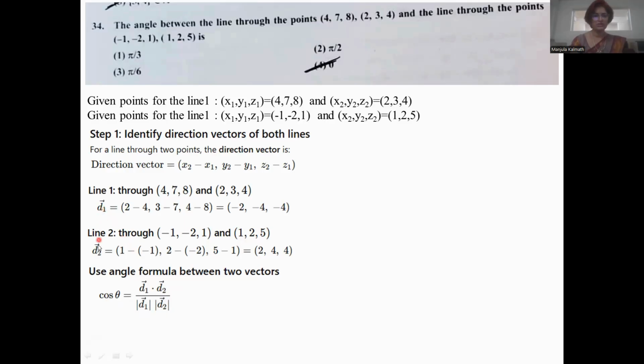We have already calculated D1 as well as D2, the direction vectors of the first and second lines. Now D1 is -2, -4, -4 and D2 is 2, 4, 4. We just have to multiply: -2 into 2, -4 into 4, -4 into 4. That will be -36 on simplifying.